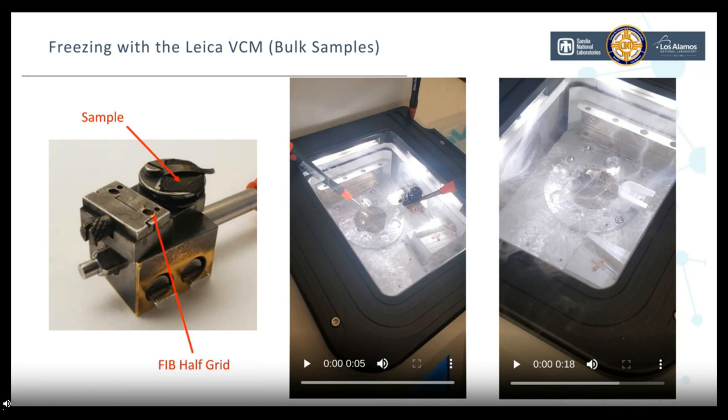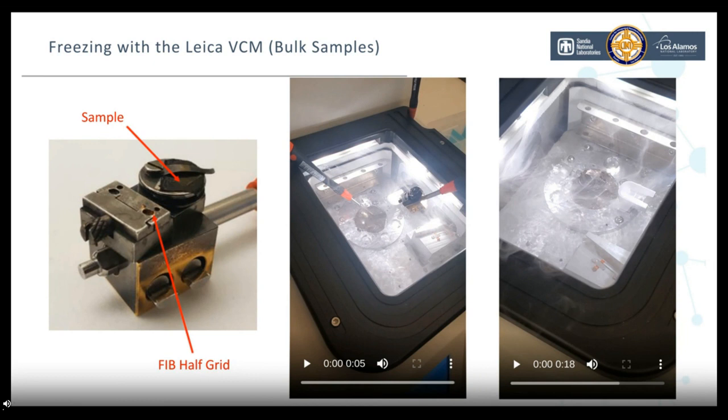On the left-hand side there, the brass shuttle at the bottom of the LICA equipment, and then we have a modified FIB setup on the top there with our FIB half grid mounted, and then an SEM stub with a clamp.